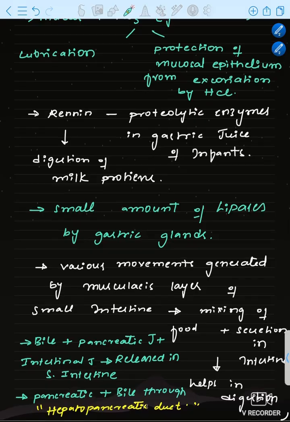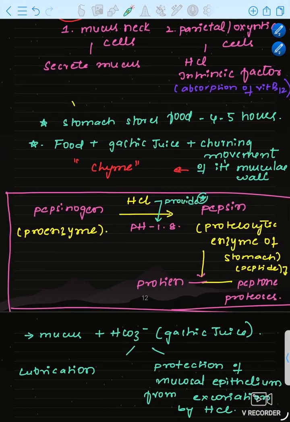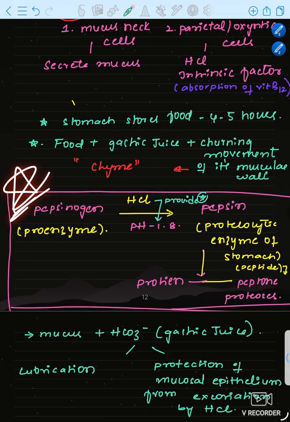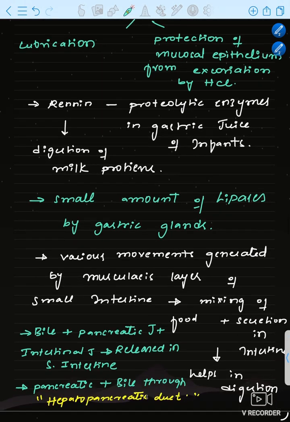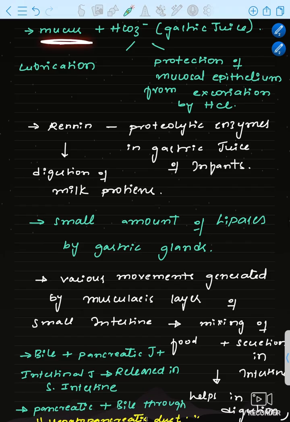This is about the stomach. These are just brief things. Mainly you have to remember that protein breakdown occurs. See, this is also important. Mucus and bicarbonate ions in the gastric juice. HCl will be so much, it is acidic, right?